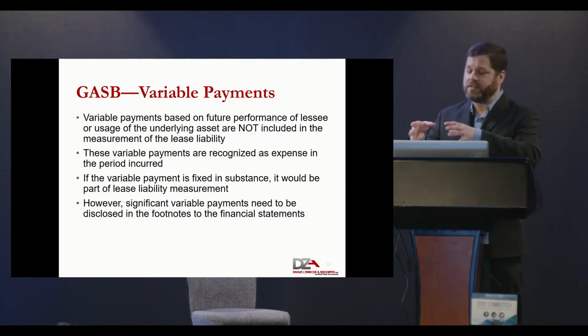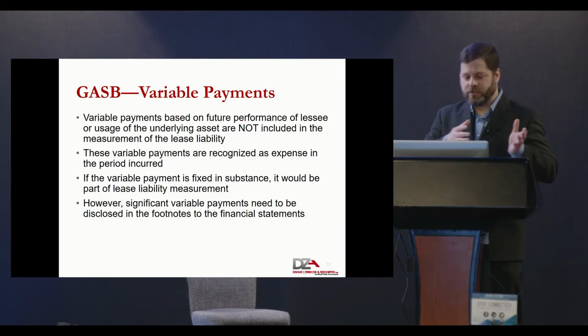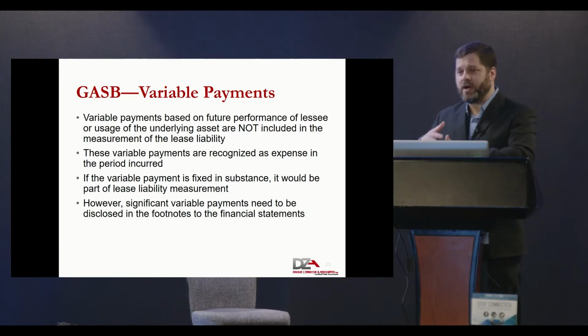That part is the fixed part, even though it says it's based on number of copies. But the amount you would not include in the lease liability would be the additional amount where they usually charge. So after you get to that initial 10,000 copies, you have to pay X amount per additional copy. That part would be the truly variable part, and that just gets expensed when incurred.